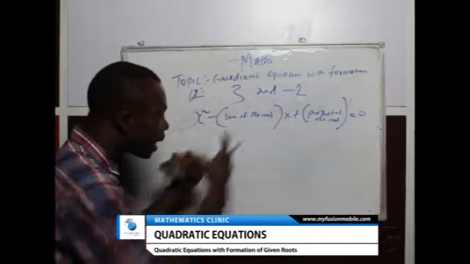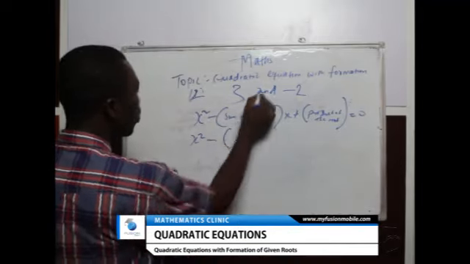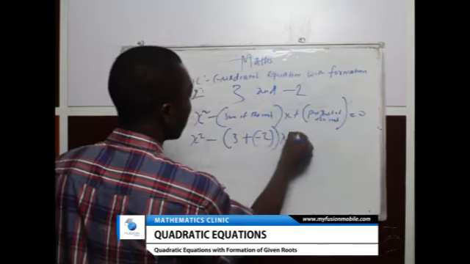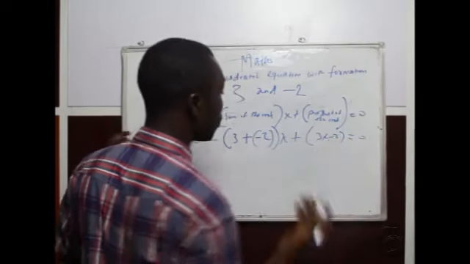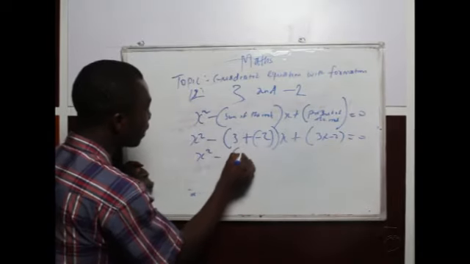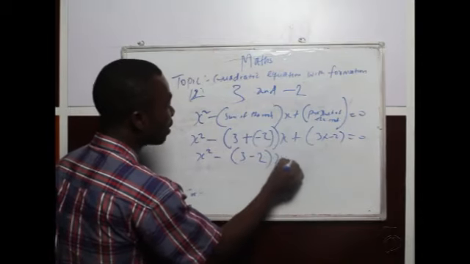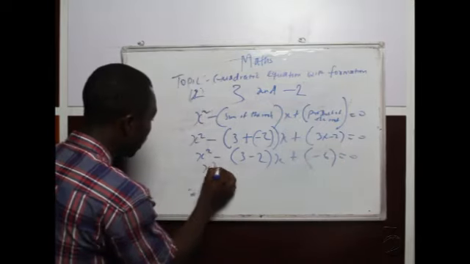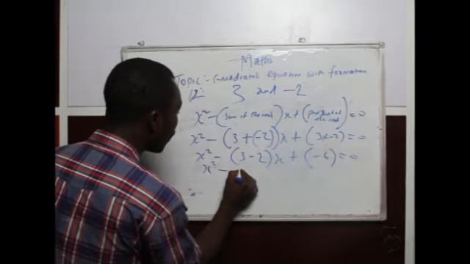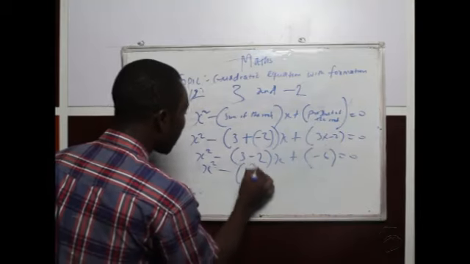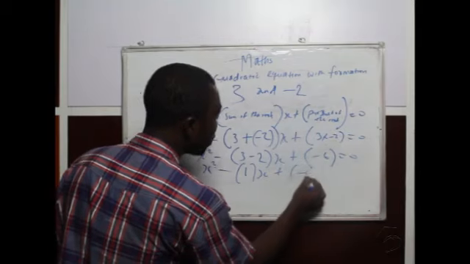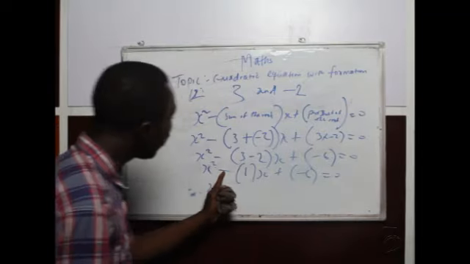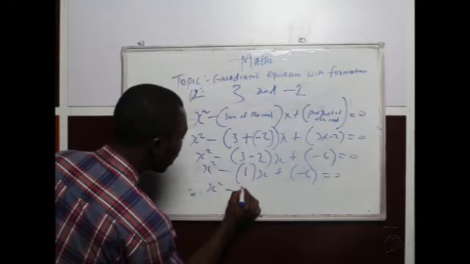Let's substitute our values into this equation. This is x squared minus, bracket, sum of the roots, 3 plus minus 2, bracket, x plus, bracket, 3 times minus 2, equal to 0. x squared minus, bracket, 3 plus times minus will give us minus 2, bracket, x plus, bracket, 3 times minus 2 is minus 6, equal to 0. x squared minus, 3 minus 2 will give us 1, bracket, x plus, bracket, minus 6, equal to 0. x squared minus times 1 will give us minus 1 times x, which is minus x.